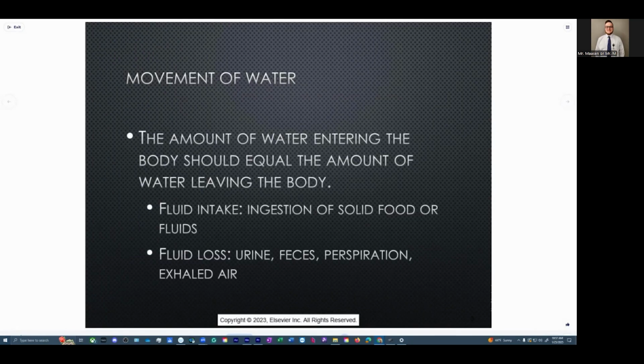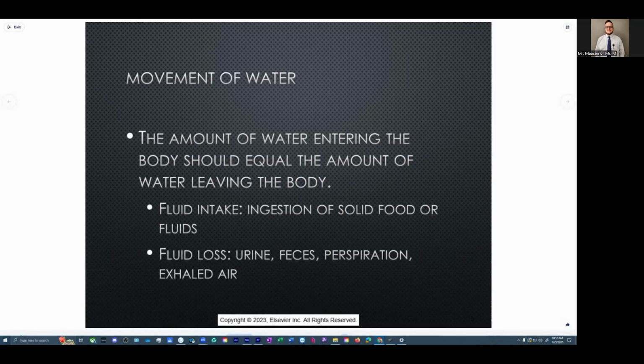Our cells actually produce a little bit of fluid for us in their normal processes. And then we lose some fluid through mostly urine, a little bit in feces, sweating and perspiration, and actually a decent amount through exhaled air. Water vapor comes out with our CO2 in our exhalation.